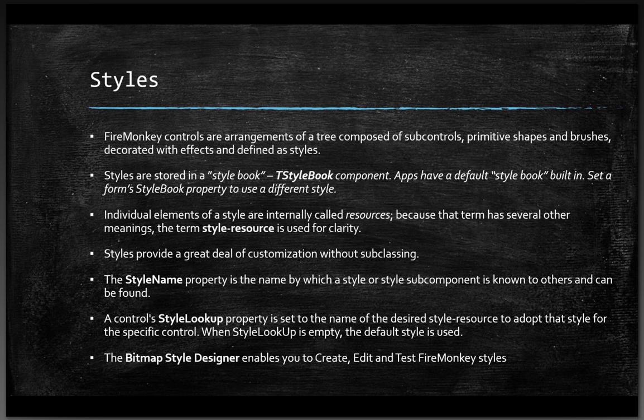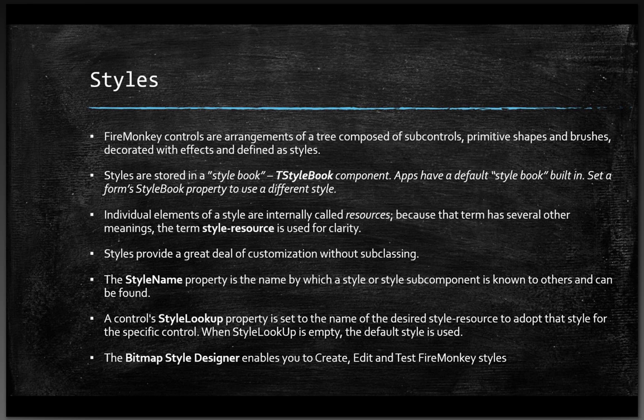The style book is a component that you can add to your application that contains a collection of all the style definitions for all the user interface elements and all the options of those elements. For button styles alone, there's probably 10 or 15 different types of button styles that you can choose from. For edit boxes, there's several of those, for labels and so on.